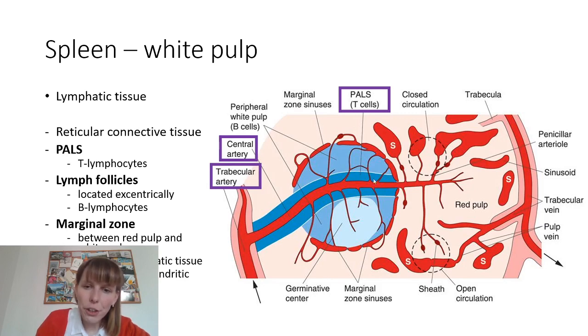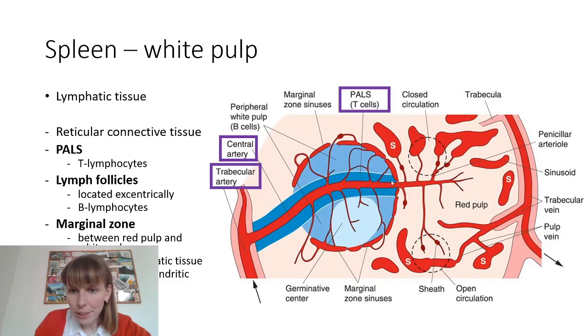So it's a sheath of lymphatic tissue surrounding this special artery. Blood vessels are in red here, and this artery is called the central artery. So we will be taking a look at those as well.